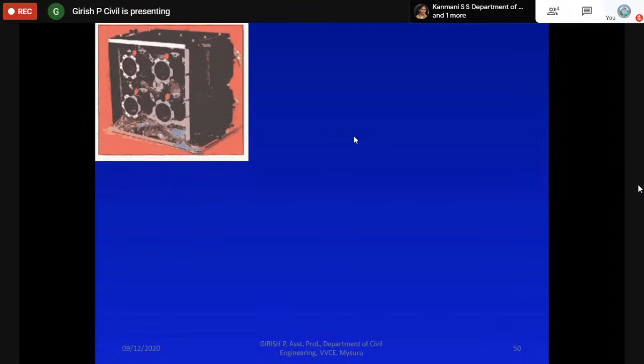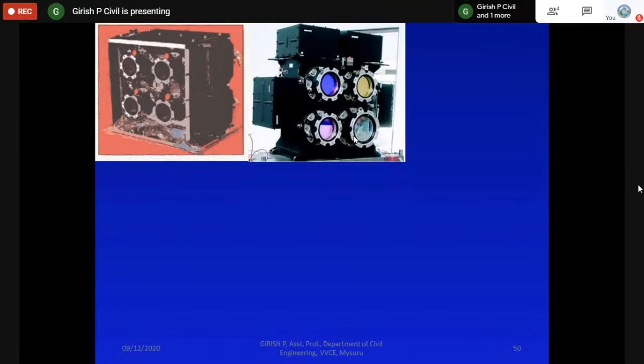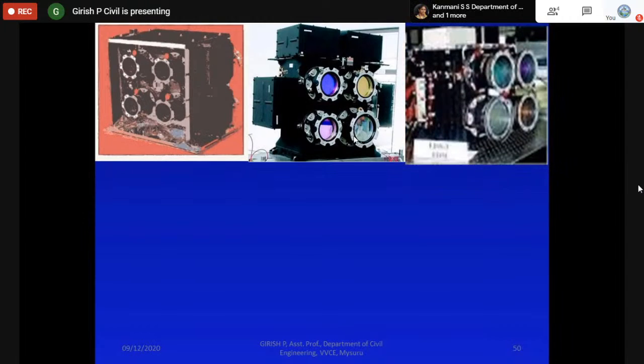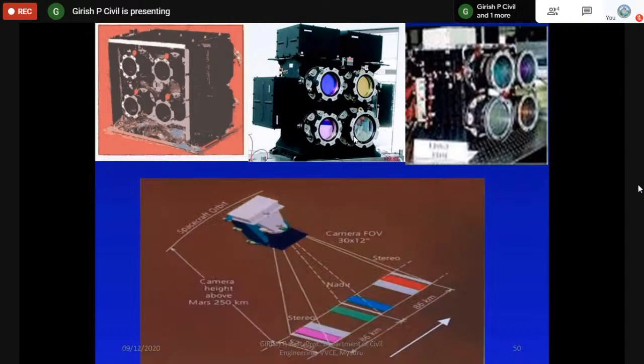The most important sensor system in the IRS is the LISS camera. The LISS camera is one of the best sensor cameras worldwide, a high sensitivity camera for capturing data from a higher altitude.